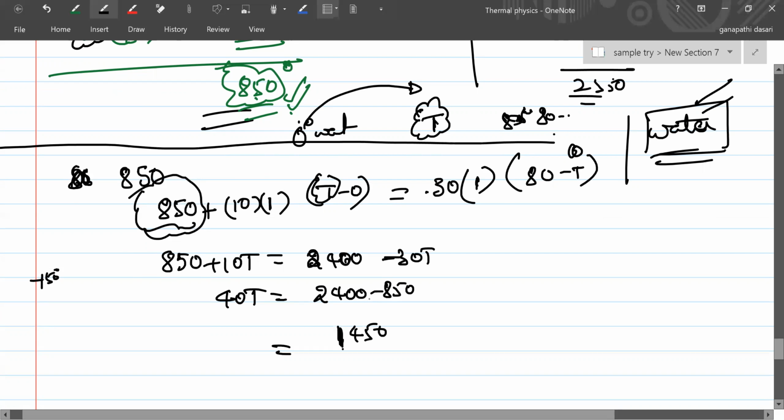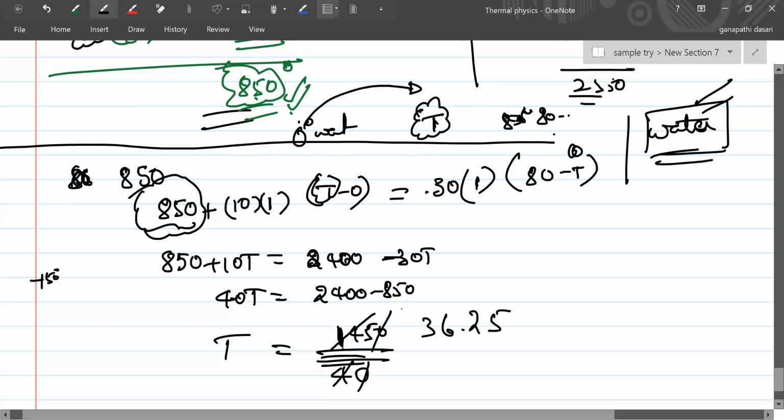You did not get the calculation? I got it, sir. So 1450, so T is equal to 1450 by 40. 4 3s are 12, 25, 4 6s are 24, then 1 is there.